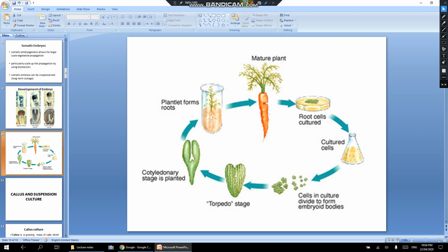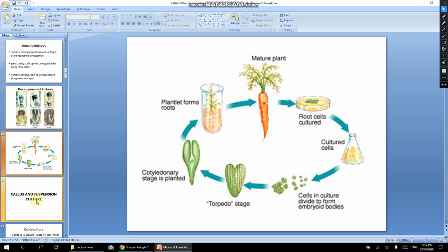So during root cell culture, they become somatic embryos. These somatic embryos resemble embryos that we have in the seed. So that's why they say it is the synthetic seed.